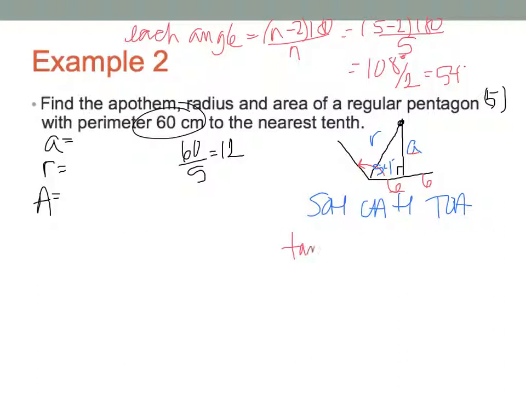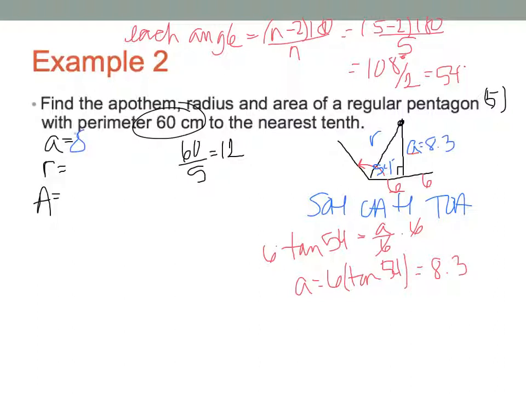So let's take the tangent of 54 equals opposite, which is A, over my adjacent, which is 6. And so now I'm going to be solving for A. Multiply 6 by both sides, and I have A equals 6 times the quantity of tangent of 54, and then that answer becomes 8.3. So my apothem, ladies and gentlemen, is 8.3.